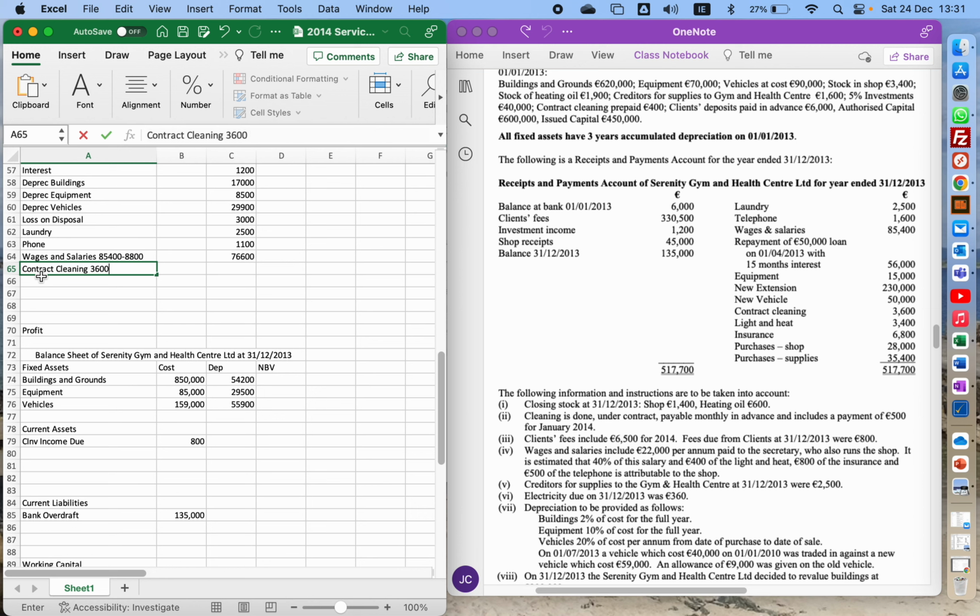Contract cleaning prepaid, so we'll add in the prepaid of 400 at the beginning. So that's up the top here. And then cleaning is under contract payable monthly in advance. There's a payment of 500 for January 2000. So I'm going to take that out because that's a prepaid for next year. And I might as well put that in here.